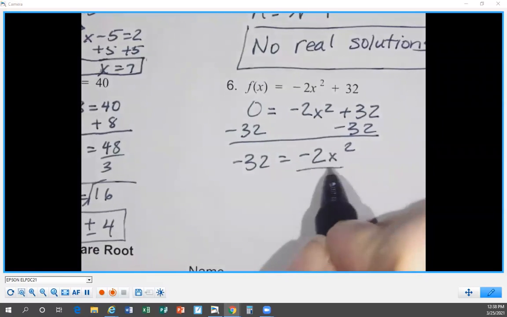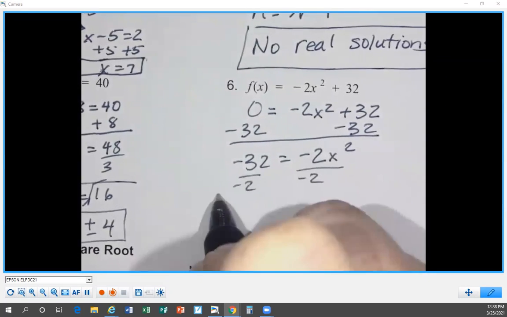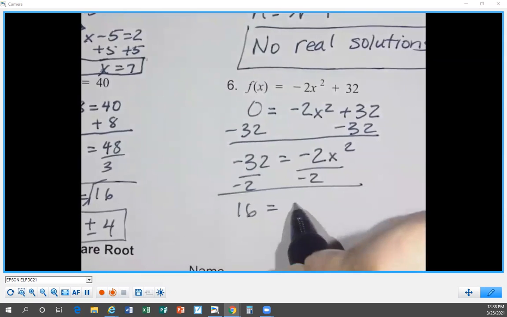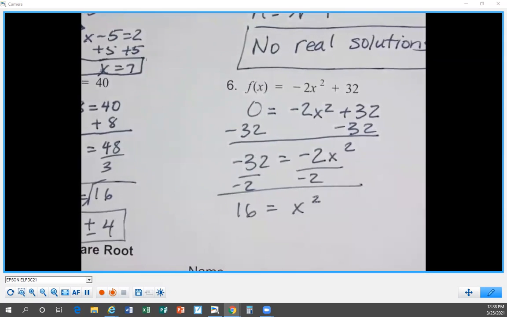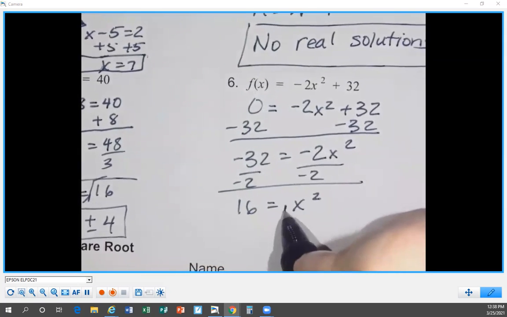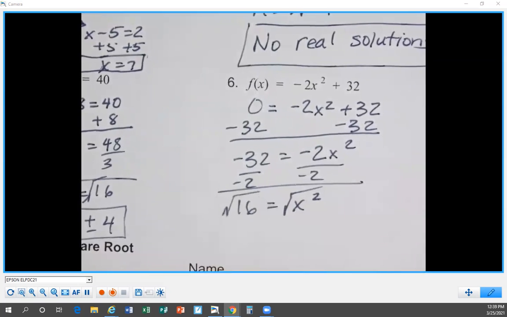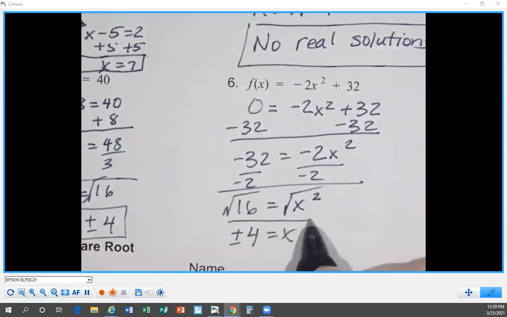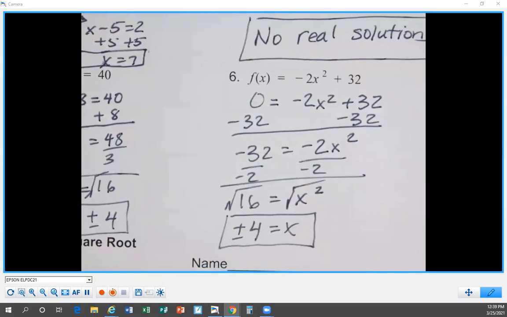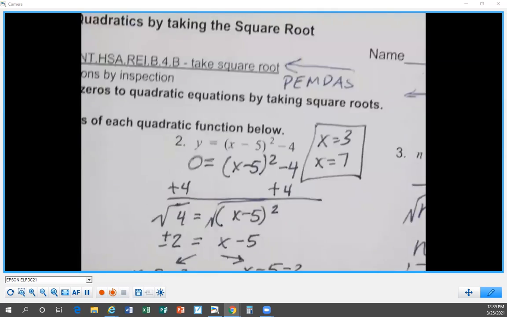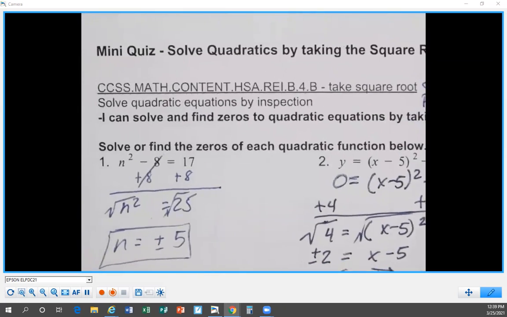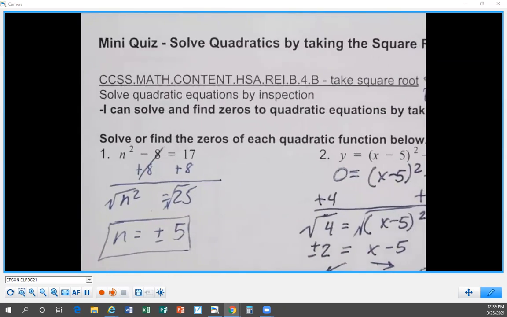Then we divide each side by negative 2 to get 16 equals x squared. Then we take the square root of each side to get x equals plus or minus 4. Okay, so that's the mini quiz on solving quadratics by taking the square root.